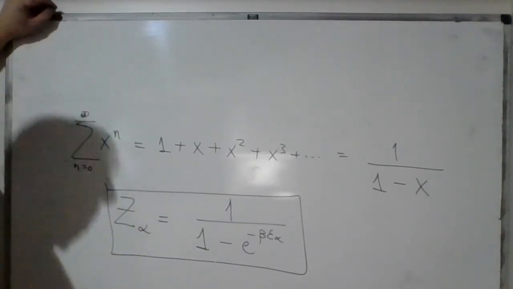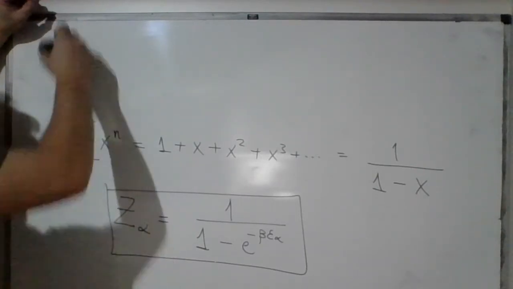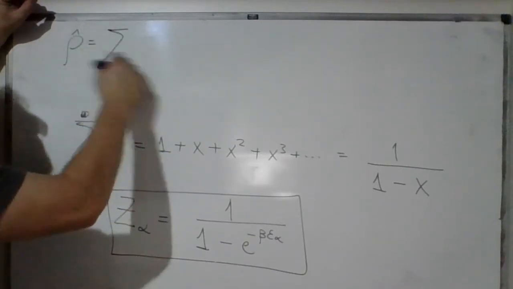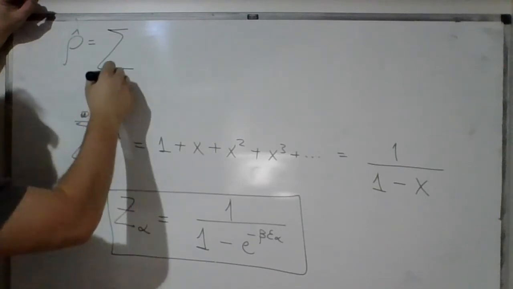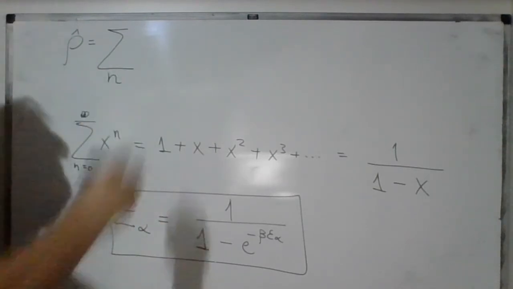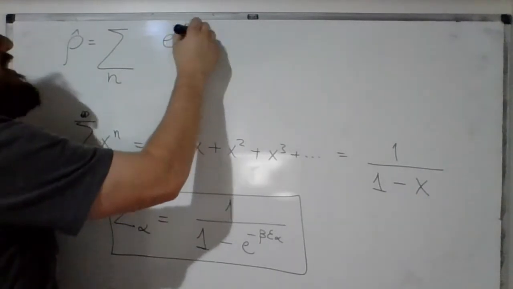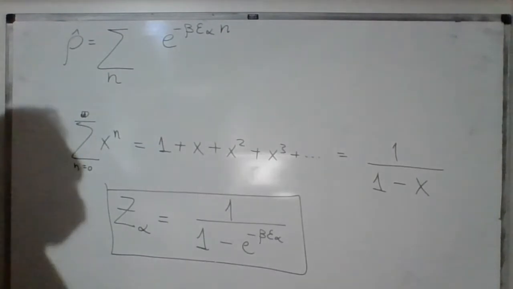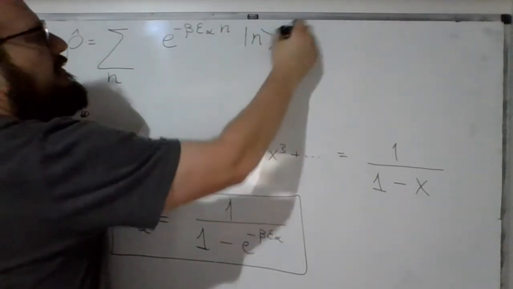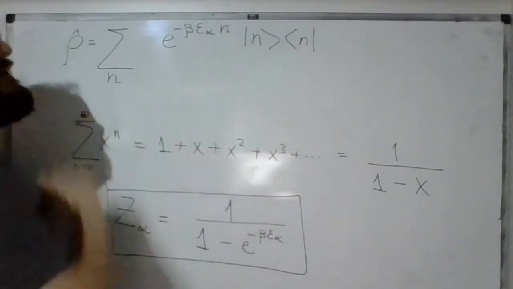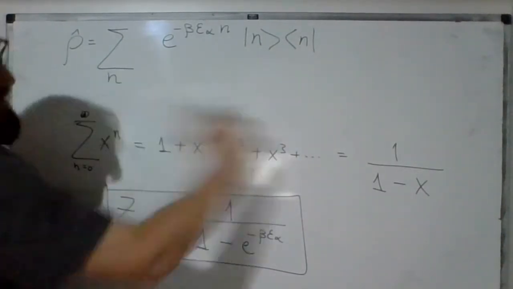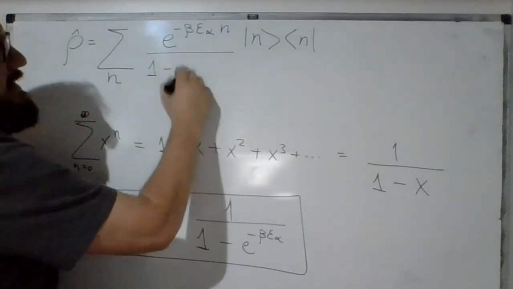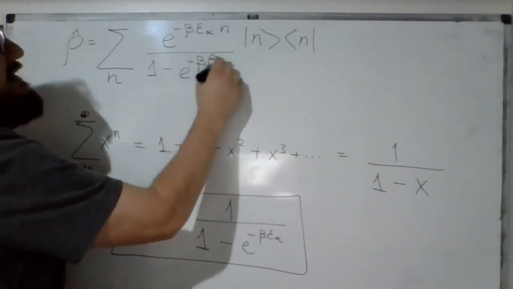Okay, so now let us remember that the density matrix is written as a summation over the numbers n of e to the minus beta E alpha n, tensor product with n, and divided by the partition function, which is just a number, 1 minus e to the minus beta E alpha, okay?